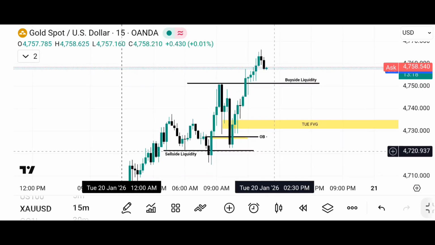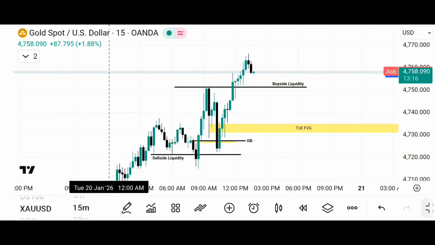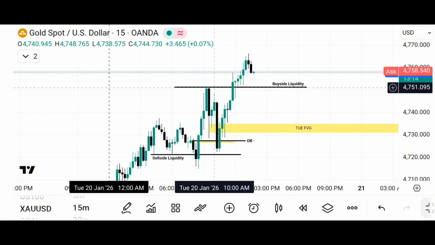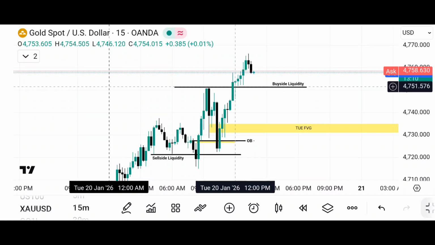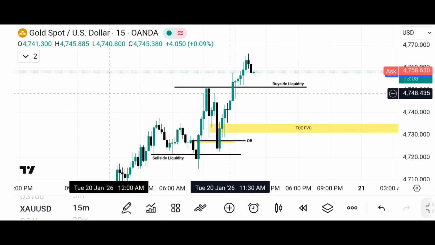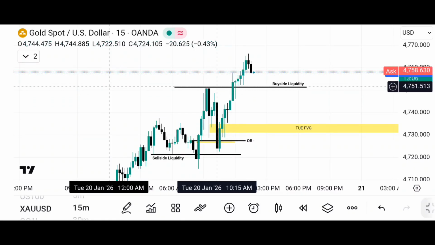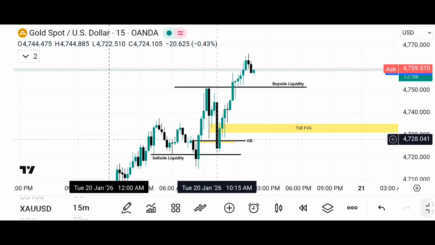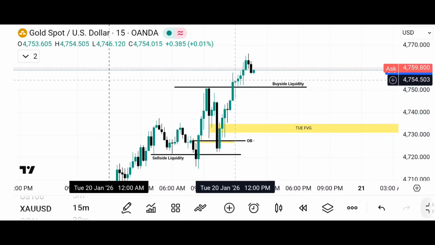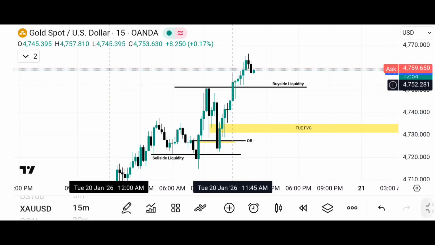So why are they buy side at the top of this high? They are buy side because there will be traders who will be willing to buy when there is a breakout of this high. So you being a buyer at this point right here, you take your profits.